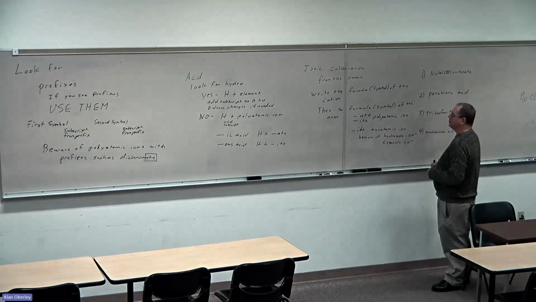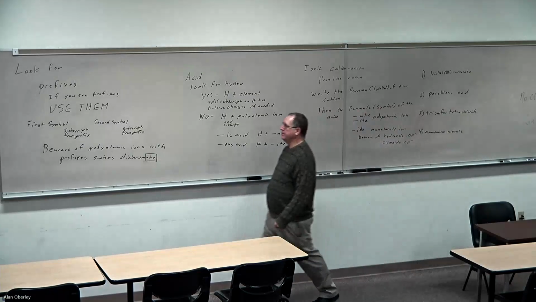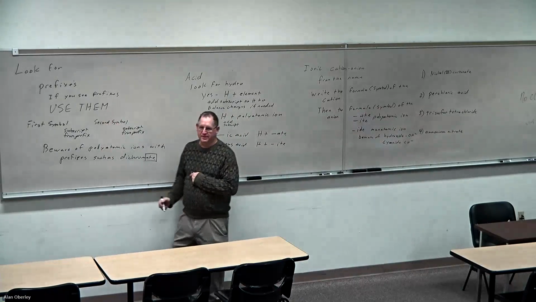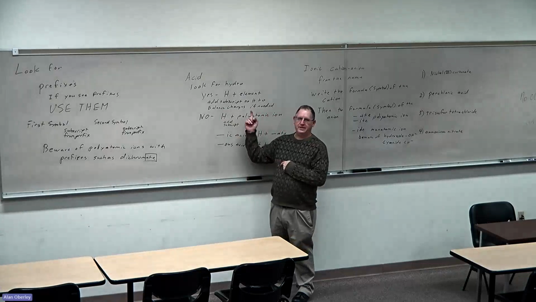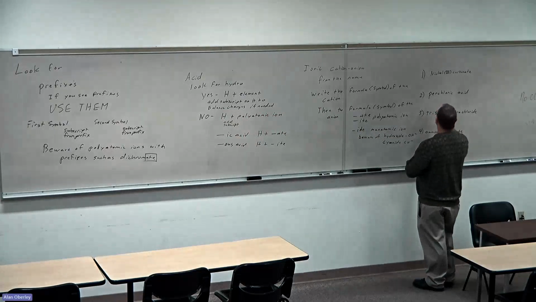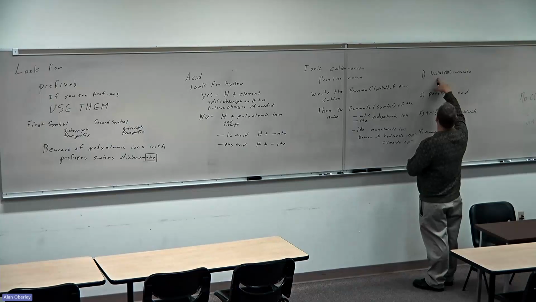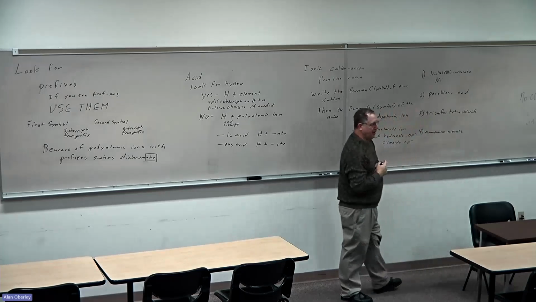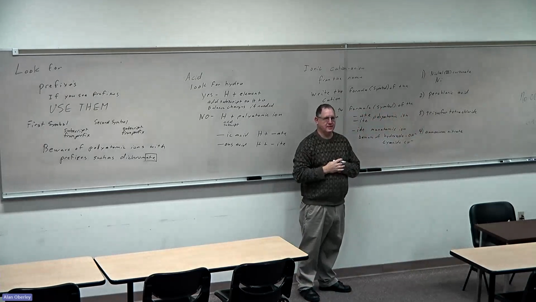So, nickel 3 carbonate. Prefixes? Acid? What's the cation's formula? Ni. Okay, what about the anion? CO3.